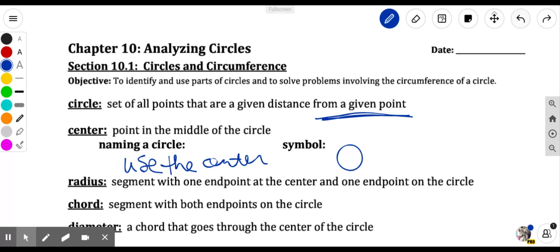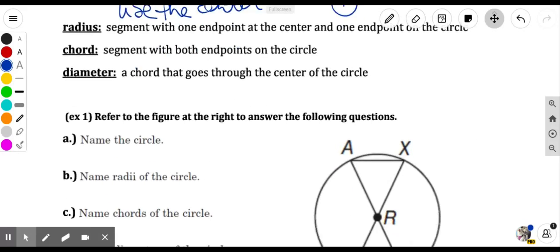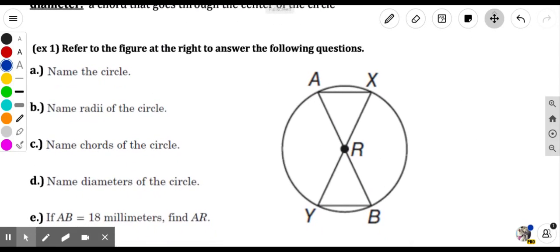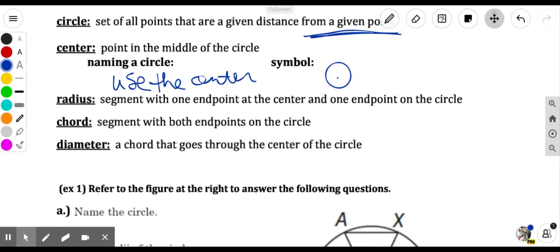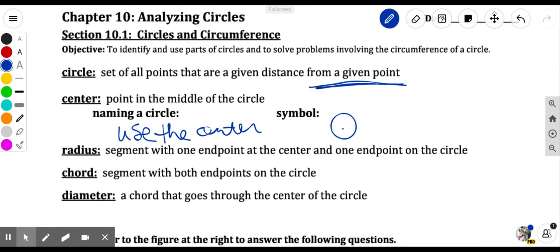Oops, that's not in the middle. Let's make that a little bit better. Oh, okay, not much better. That's okay. So that's the symbol for circle. Now, if we're going to name a circle, just to give you an example, if you take a look at this one down here, that one would be called circle R. And so when you're naming it, you can write the word circle or you can use the symbol. So if I'm going to use the symbol, circle R would be how you would notate it.